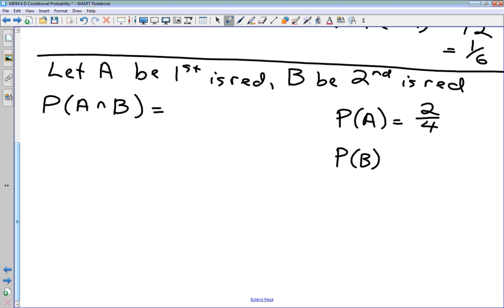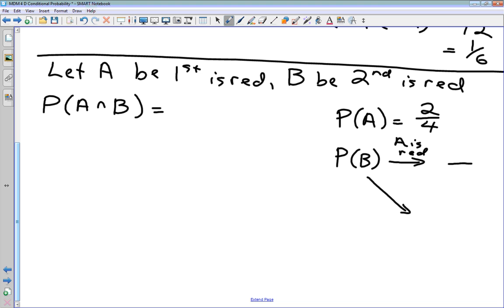Then we could go ahead and try to work out the probability of B. But when we go to work out the probability of B, we find that it's dependent on what has happened with event A. If in event A the first card we picked is red, how many cards are left in the deck?